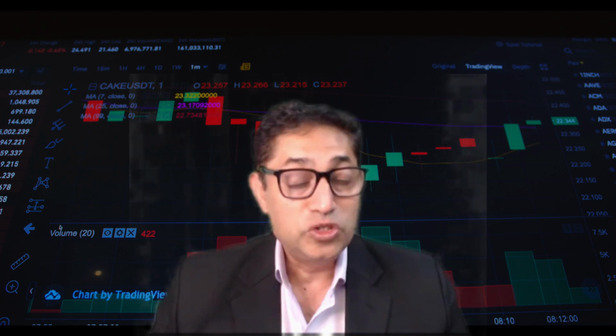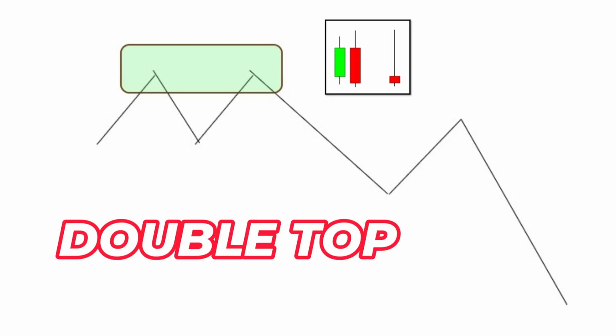And the next important part is what kind of candlesticks you are looking at. When you are looking at a double top, you are looking at bearish candlestick patterns, like a bearish engulfing pattern or a shooting star.